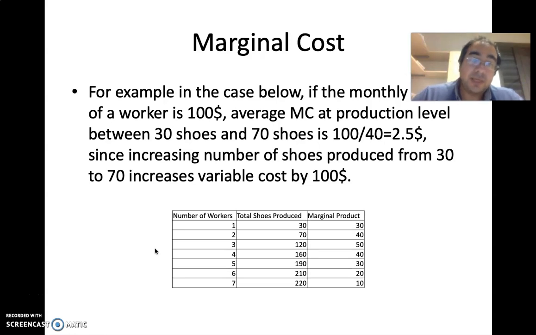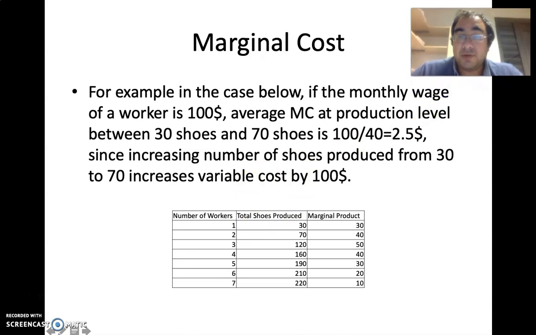Well, again, this is the case where you can see how we can translate marginal productivity into marginal cost. It's a little bit strange because we can only calculate the marginal cost for a multiple number of goods here. The good we are talking about here is shoes, and you can see the marginal product for different numbers of workers.